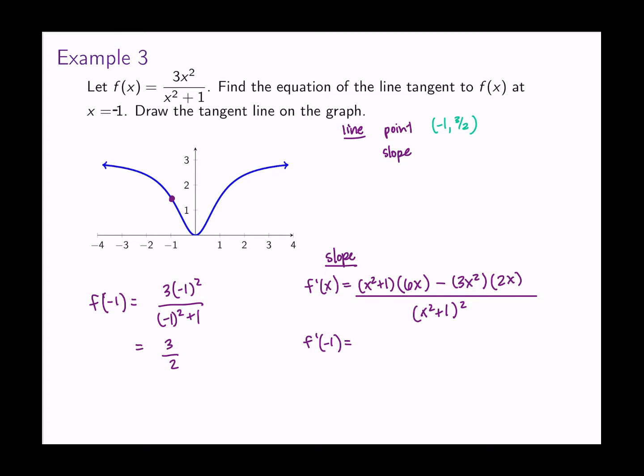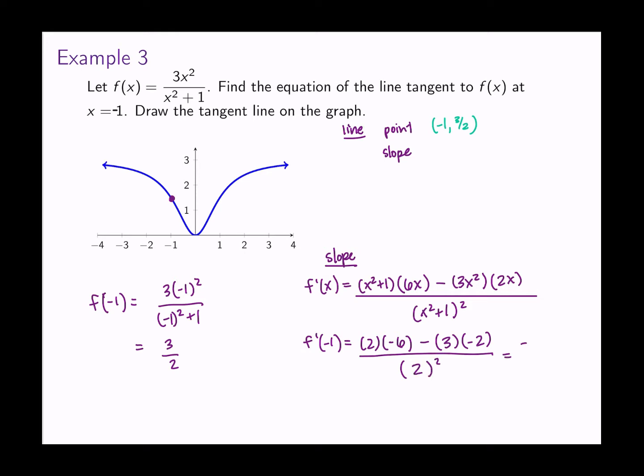So if I plug that in piece by piece as we go along, -1 squared is 1, plus 1 is 2. 6 times -1 is -6. 3 times -1 squared will be 3, 2 times -1 will be -2, and this is all over -1 squared, which is 1, plus 1 is 2, squared.